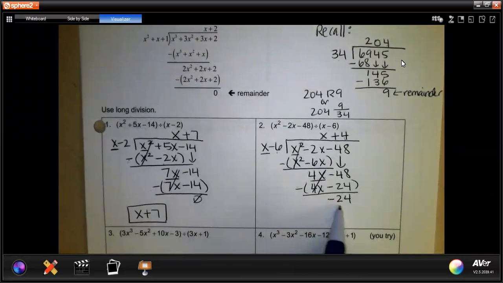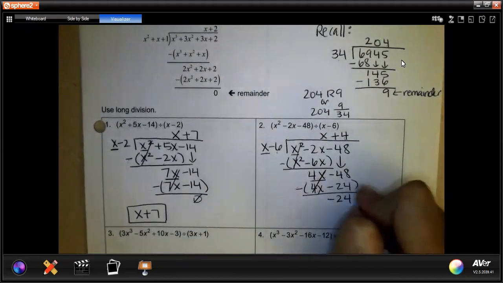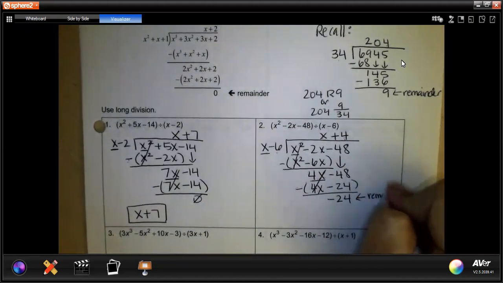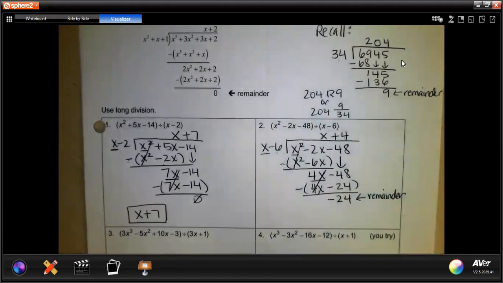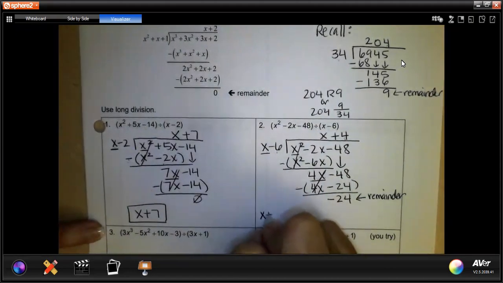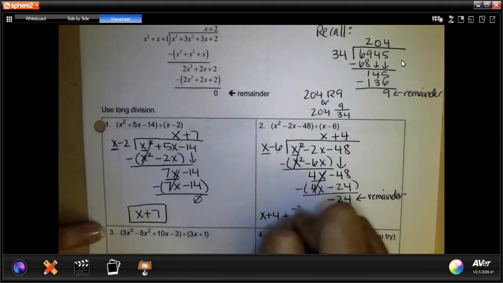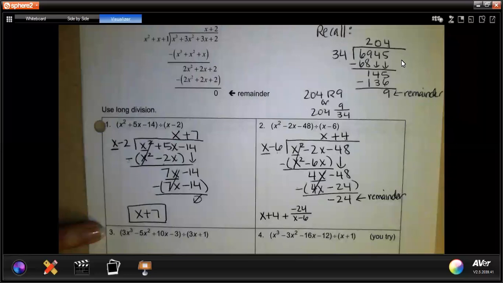Now, x cannot go into this constant, so we can't divide that negative 24 by x. So this right here is my remainder. And so let's practice writing that. We get x plus 4, which is my answer up here, and then negative 24 over x minus 6.